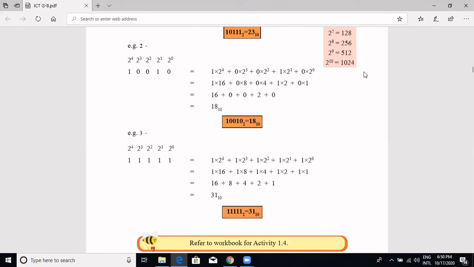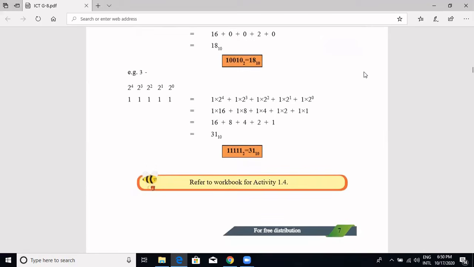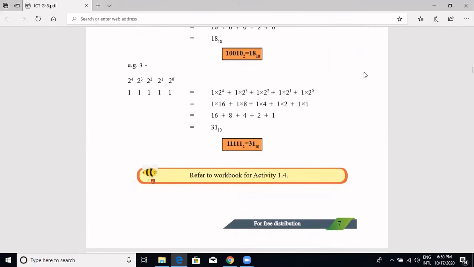It's very important. Last one, not very easy. You have 5 ones, right? 1 into 2 to the power 0, that means 1 into 1, it's 1. 1 into 2 to the power 1, it's 1 into 2, that means 2. 1 into 2 to the power 2. So these place values you have to remember.